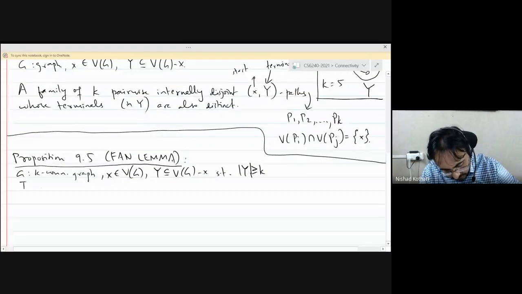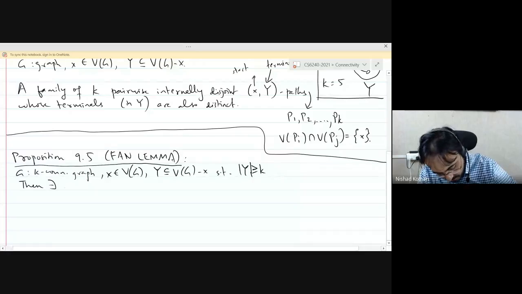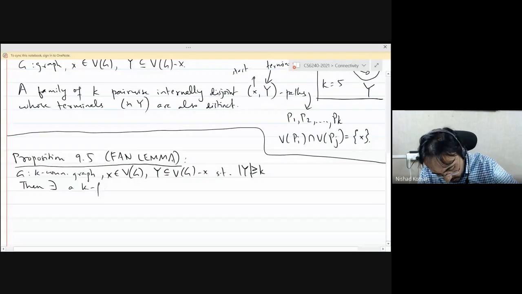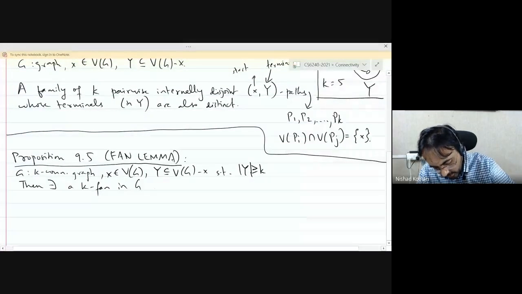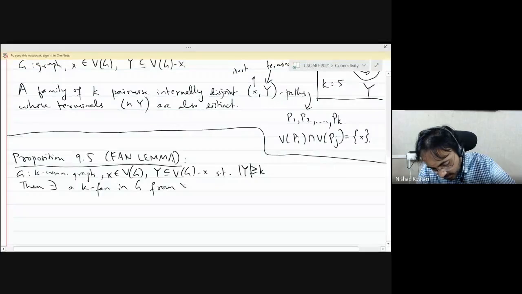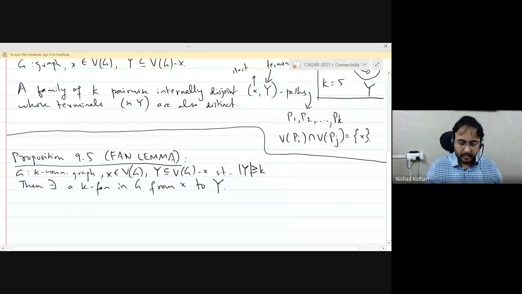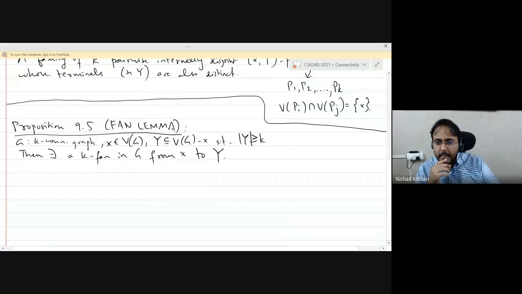Then there exists a k fan in G from the vertex X to the set Y.